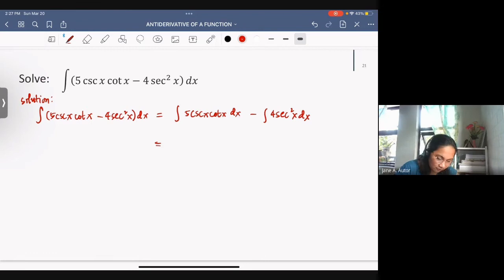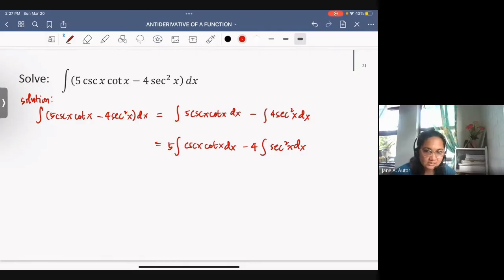So this is now 5 times the integral of cosecant x cotangent x dx minus 4 times the integral of secant squared x dx. Next is we will go to our table of integrals and look for a formula or rule which pertains to these two integrands, cosecant x cotangent x and secant squared x.